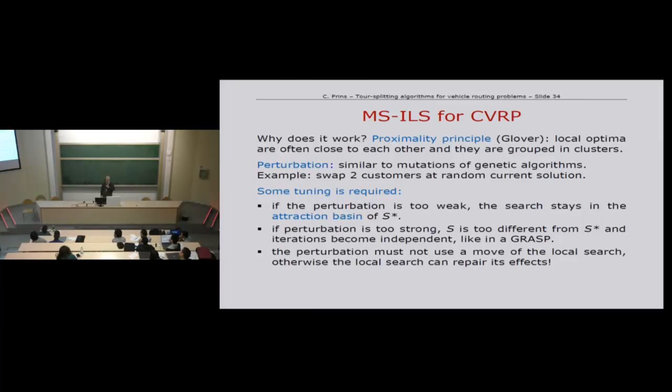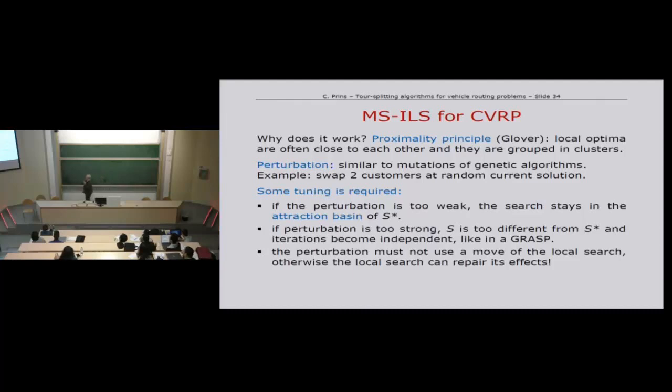But some tuning is required in this metaheuristic. If the perturbation is too weak, the search stays in the attraction basin of the current best solution, and if the perturbation is too strong, the successive iterations are completely independent, like in a GRASP, and it's not very efficient.